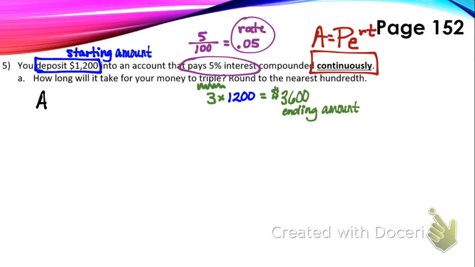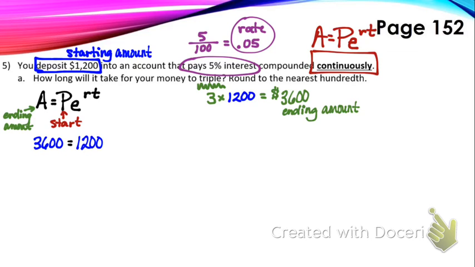All right, so A equals P e to the RT. What can I sub in and where? A, this is my ending amount here. What did we say our ending amount was? 3,600. Do I have an amount for P? Yep, 1,200.